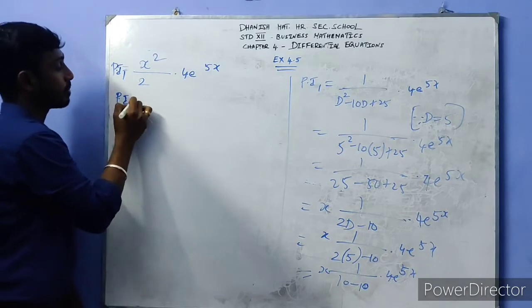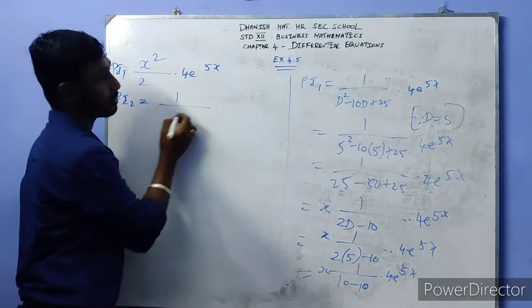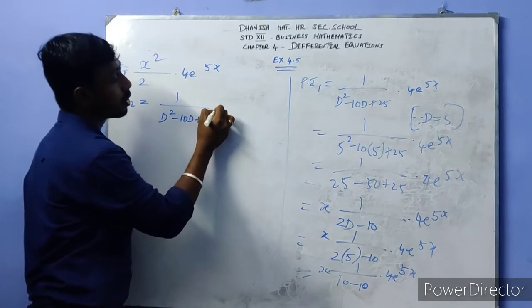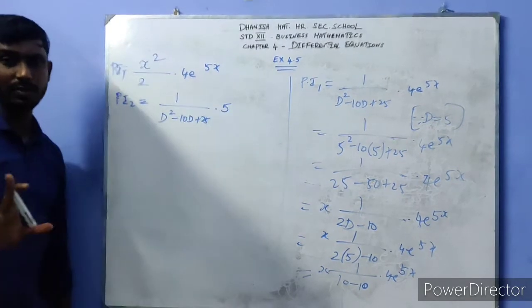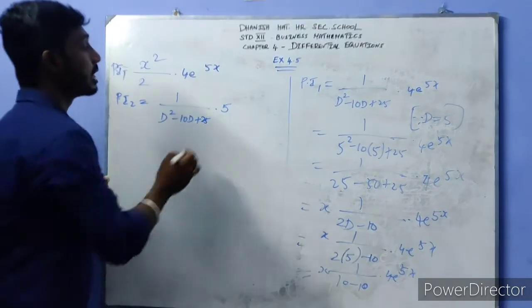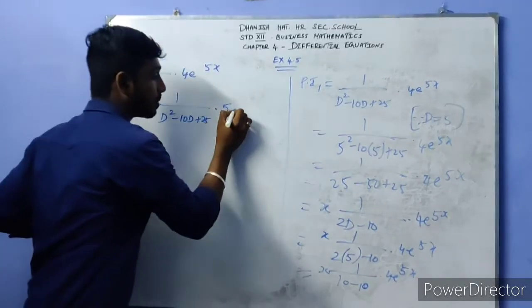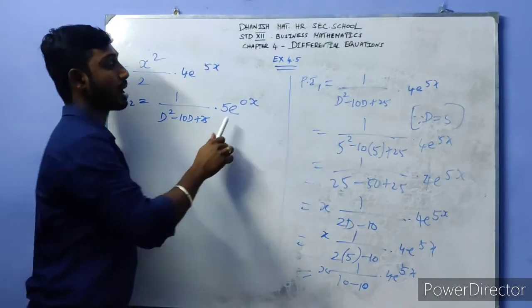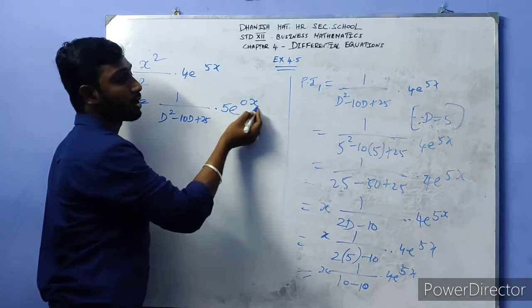Now we are going to find out the PI2 value. So 1 divided by D square minus 10D plus 25. What is the value given here? Just 5 only is given in the RHS. So for just 5 you will be applying e power of 0x. Since only a constant value is given, you will be applying the exponential form, that is e power of 0x.